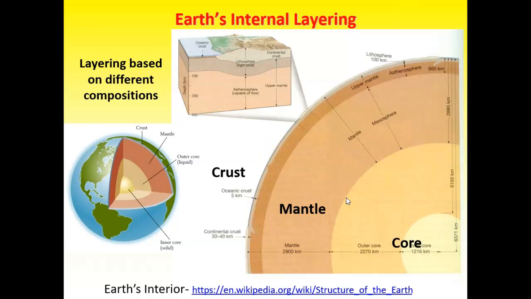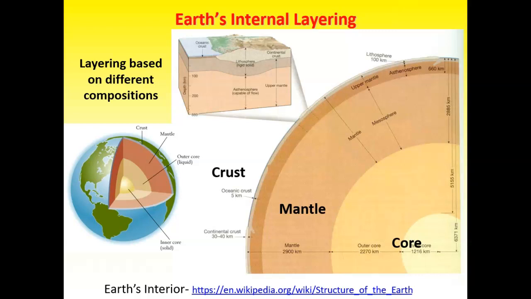And then we have a core, which has two parts. There's an inner and outer core, but we're calling it all the core because it's basically made of the same stuff. It's just in a different phase. The outer core is an iron-nickel rich composite, and it is actually a liquid. It is hot enough down there. As we go down in the Earth, the heat increases.